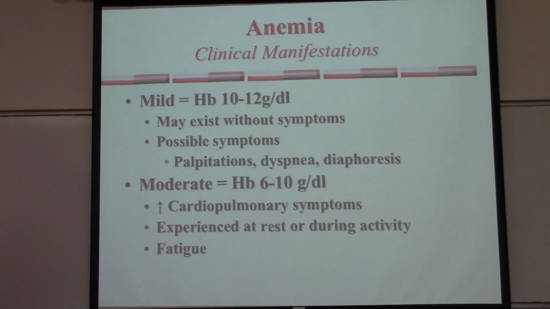Does anyone remember the oxygen hemoglobin dissociation curve from A and P? Really not? It's an S-shaped curve that demonstrates that at higher pressures, there is a relationship between how the hemoglobin hangs on to oxygen and when it releases it.